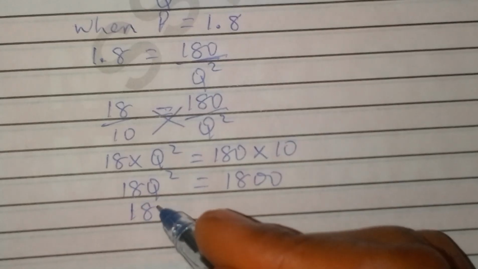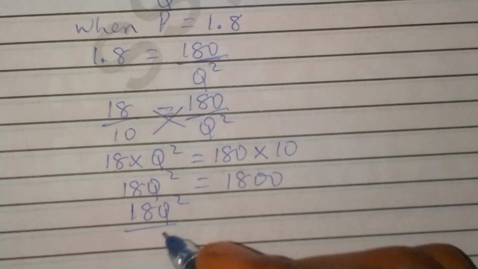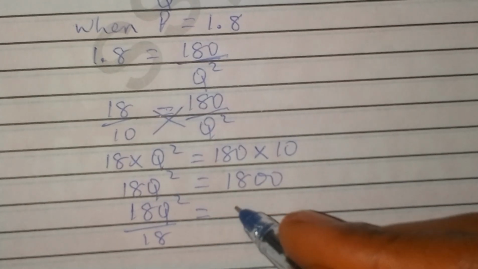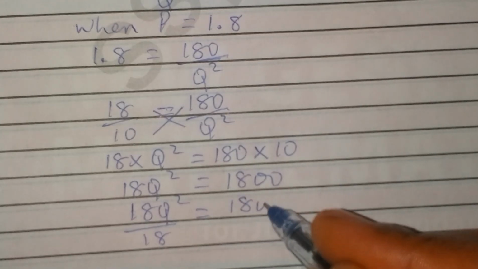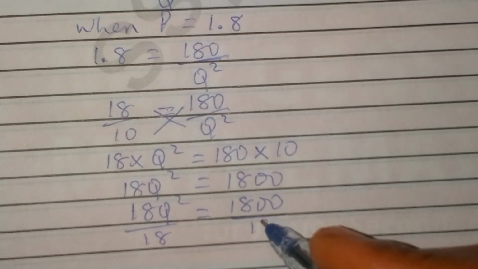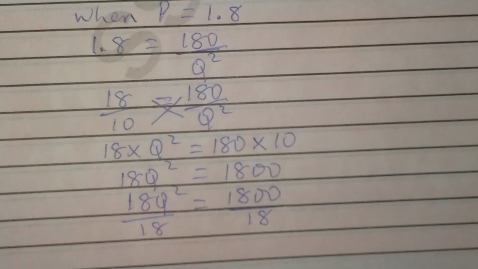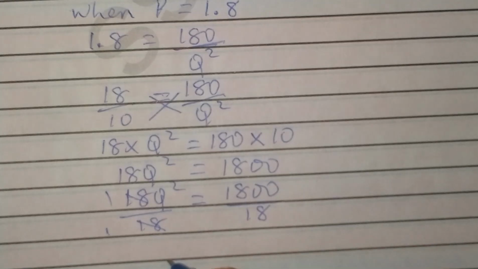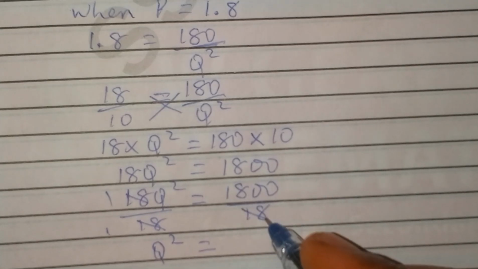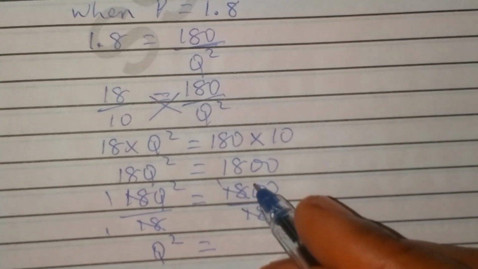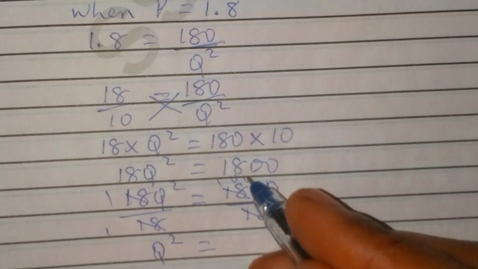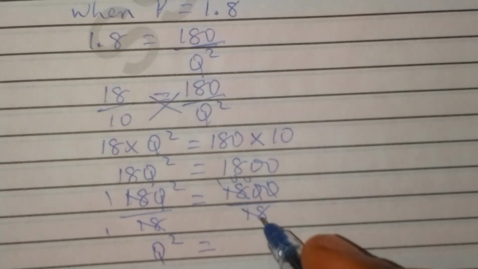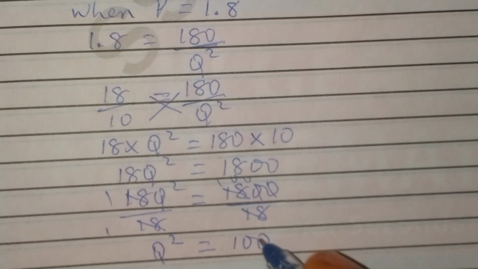So 18 q squared divided by 18 is q squared, equal to 1800 divided by 18, which gives us 100.